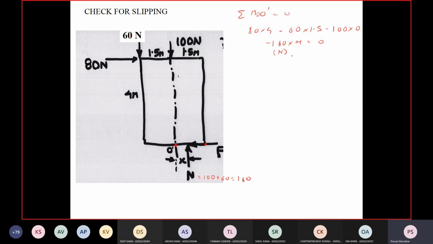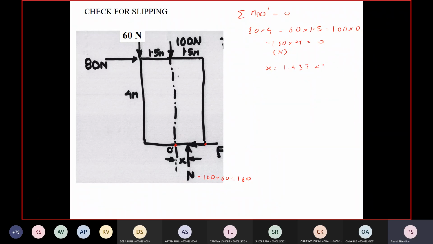This is nothing but N. So find out x. It is 1.437.